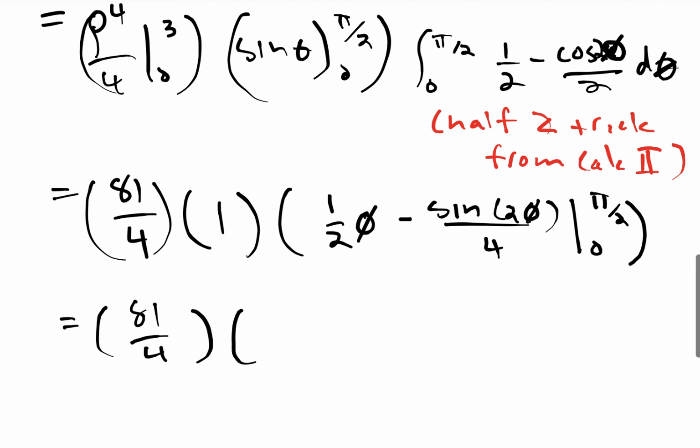If I plug in the pi over 2, I basically got a pi for this piece. If I plug in the pi over 2 here, I've basically got a sine of pi to worry about. That's 0. That means I can now worry about what happens when I substitute in 0 for both of these, and for both of these I get 0. Okay? End result, 81 over 4 times pi.